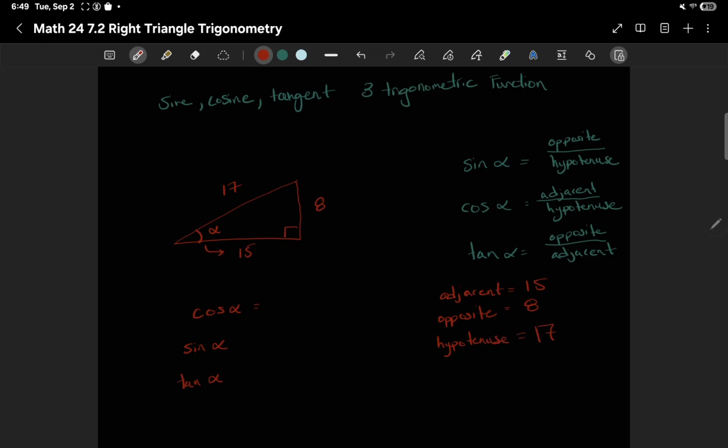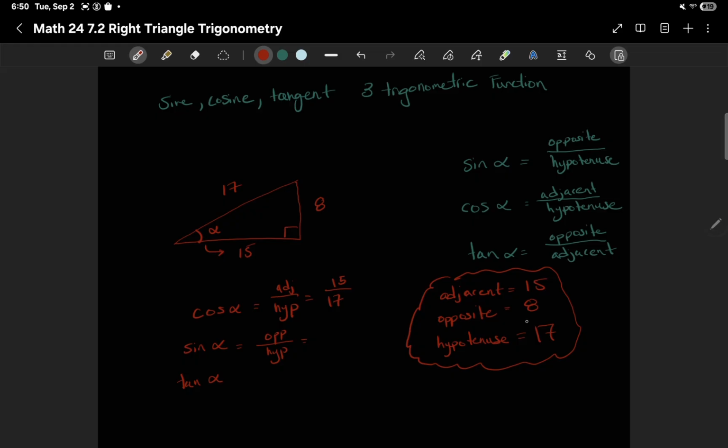Since cosine is adjacent, I'll shorten it to ADJ, over hypotenuse, now I can simply replace the numbers with my key. So cosine of alpha is 15 over 17. Now for sine, that is equal to opposite over hypotenuse.